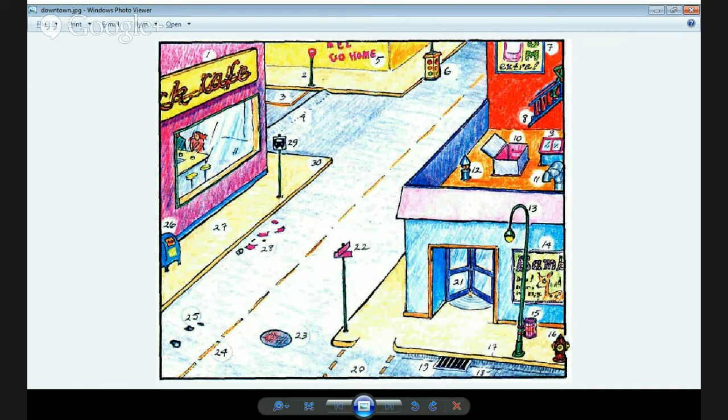Do you have a supermarket close to your house? No, I haven't. What's close to your house? A hairdresser. Okay. So what I want you to do is give me directions from your house to the hairdressers.